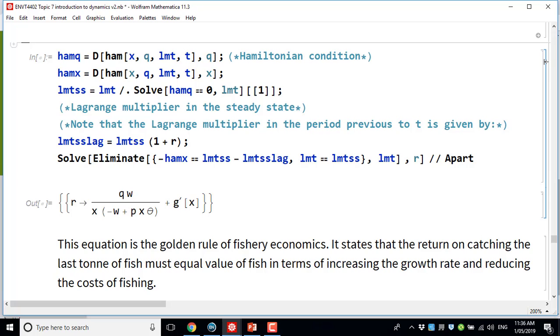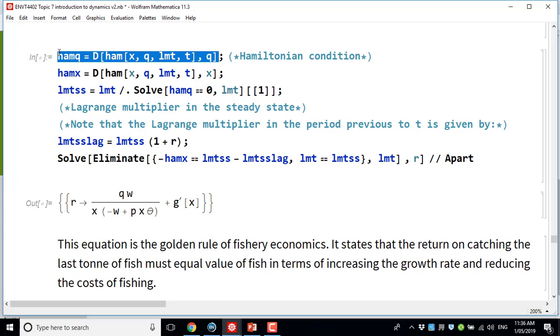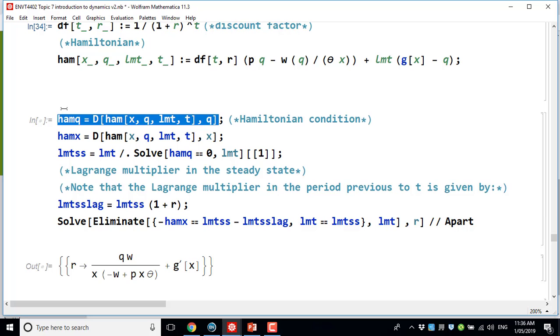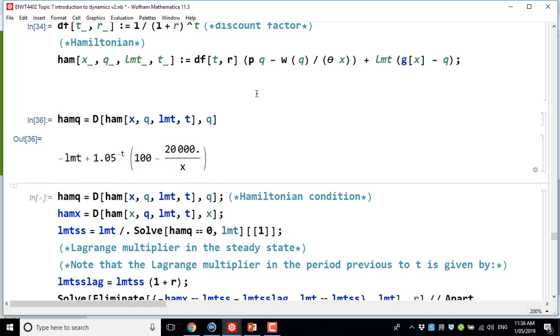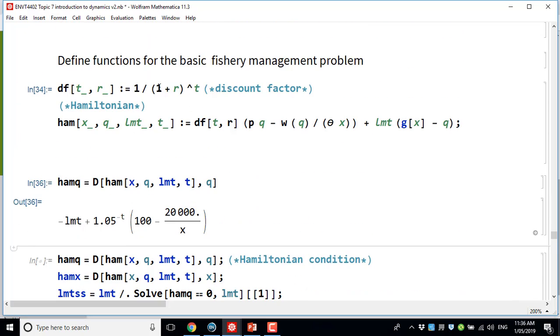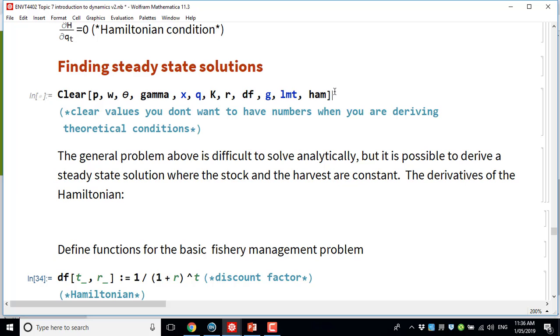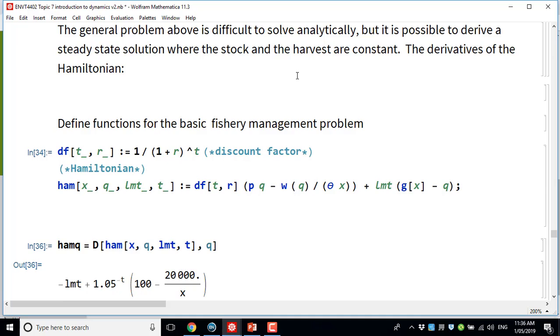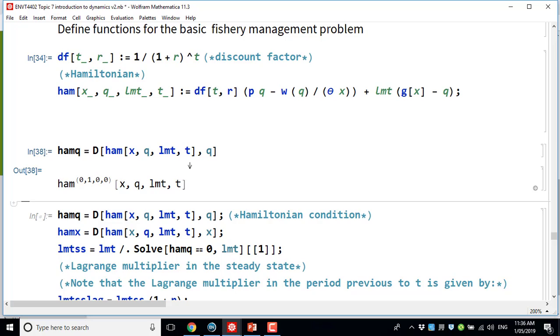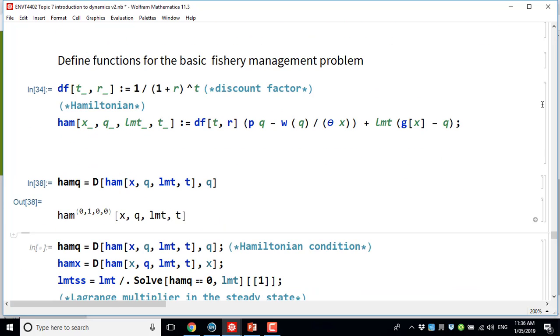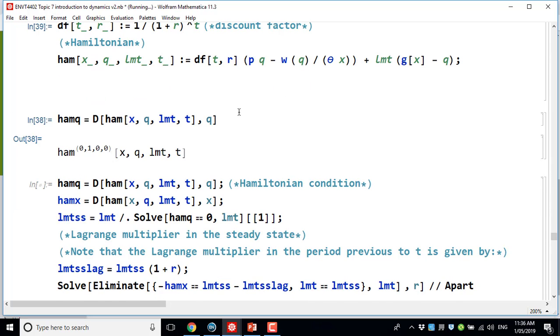So if you perhaps pull out this one here, HamQ, and just have a look at it. I might just have to clear the numbers and look at that.